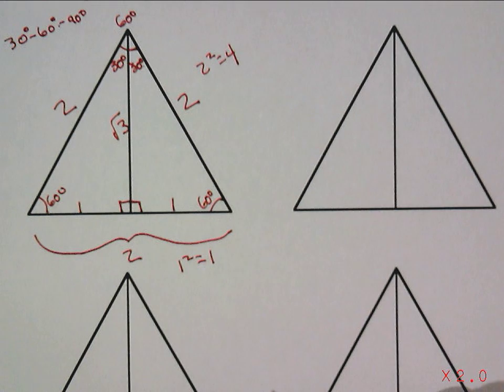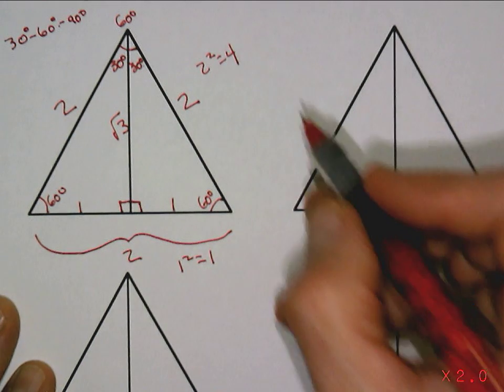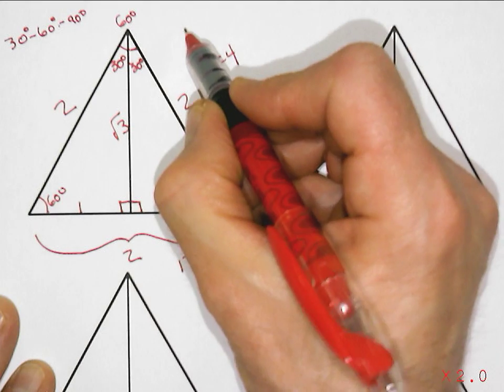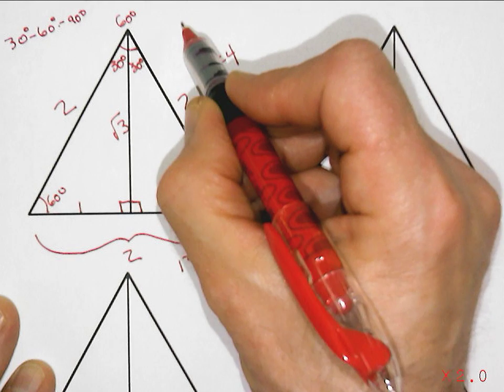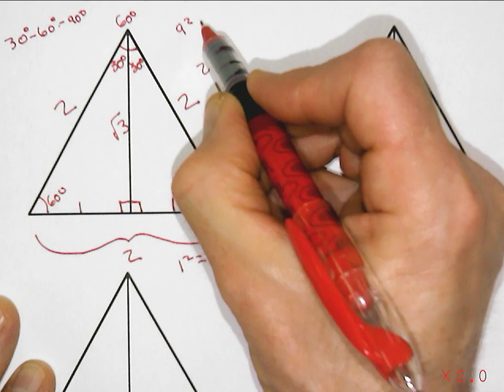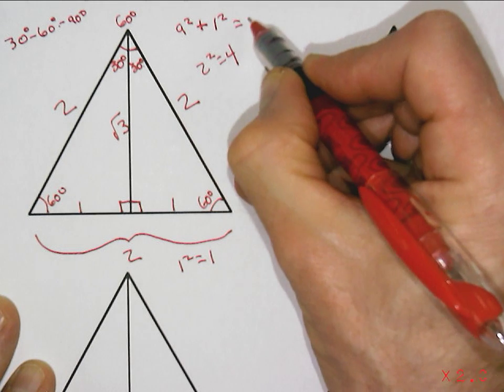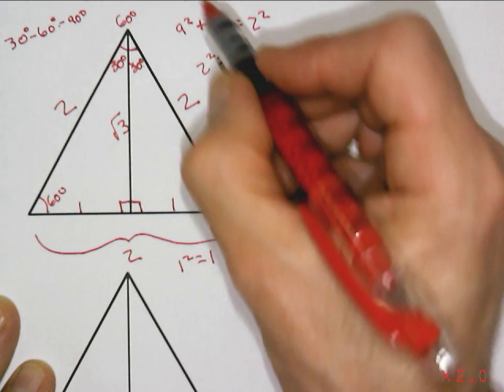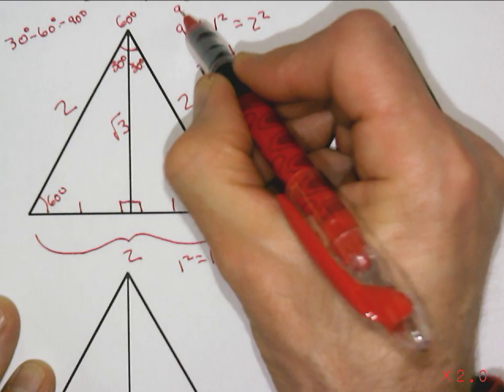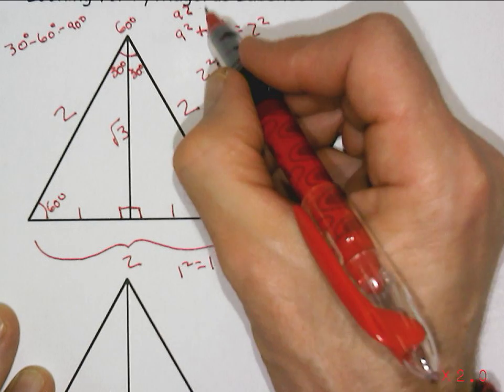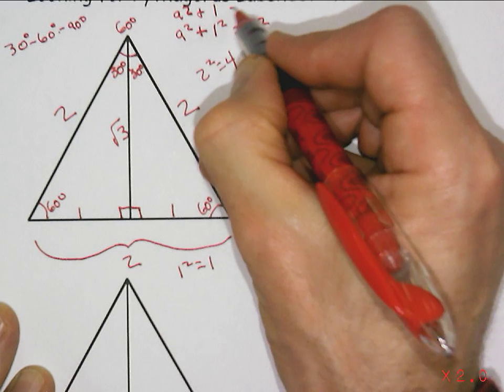Again, I'm just using the Pythagorean theorem sort of backwards, thinking of the idea that we have a leg squared, we could call it a squared, we don't have it, plus the 1 squared equals 2 squared, or whatever this a squared is, plus 1 equals 4.